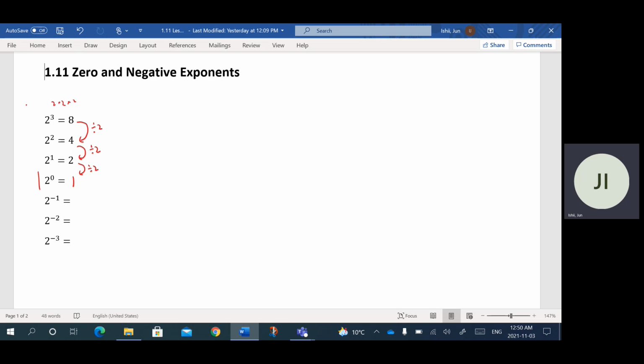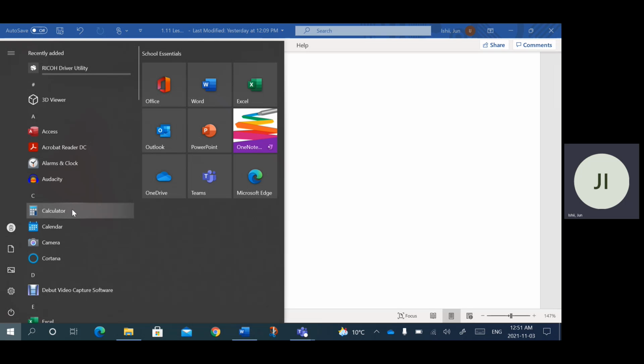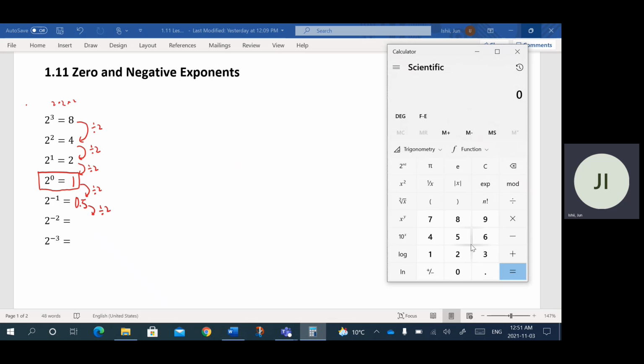So if this pattern continued, 2 divided by 2 is equal to 1. That's the first thing you want to realize: 2 to the 0 power is equal to 1. Now if this pattern continued, the next one, 1 divided by 2, is 0.5. I'm going to pull out a calculator to show you. 1 divided by 2 equals 0.5.